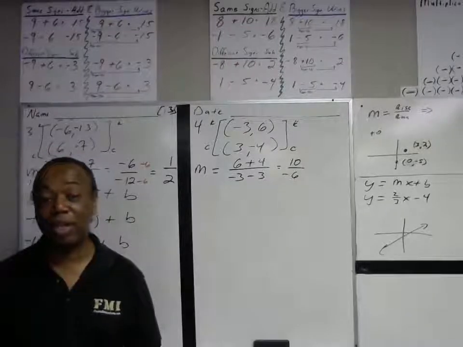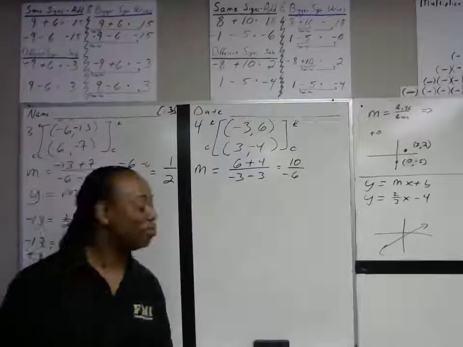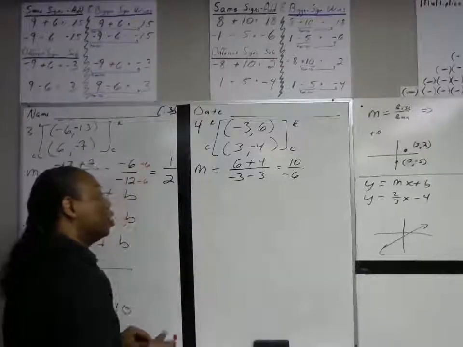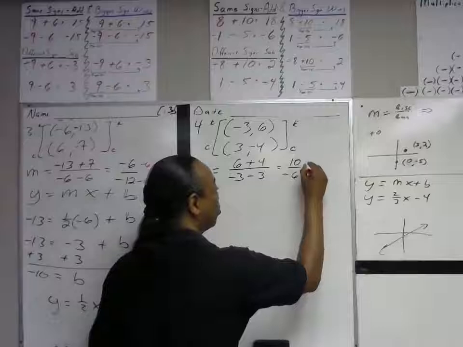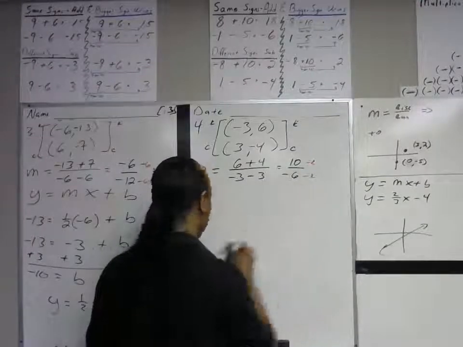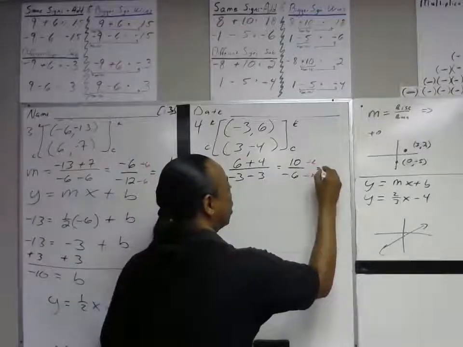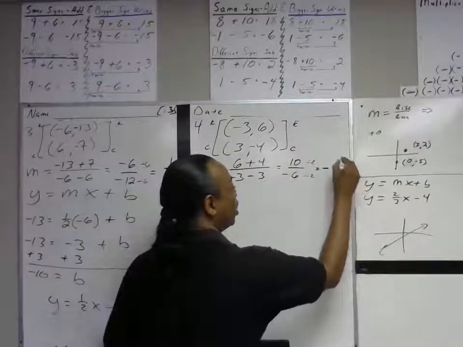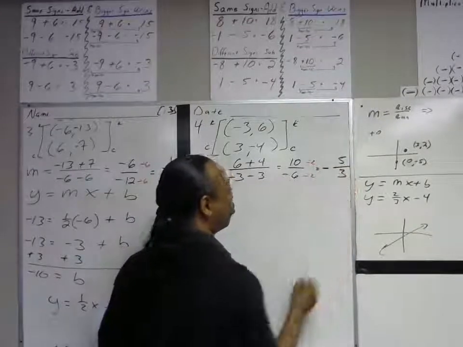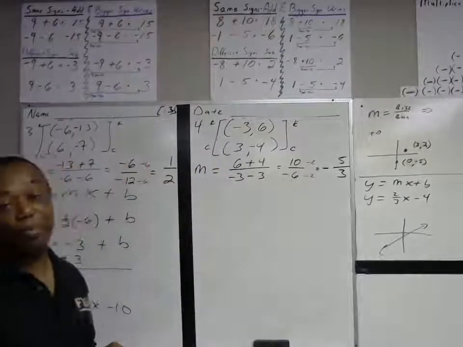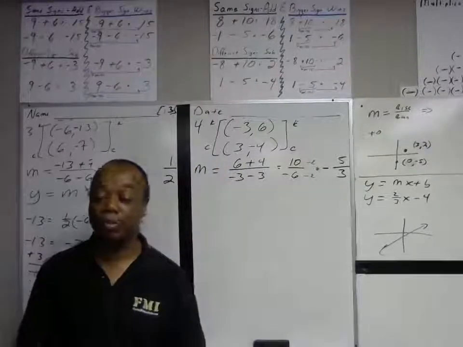What do you think? 2. Exactly right. Very good. So I'm going to divide everything by 2. And as a result, we will get a negative in the middle and a 5/3. That's your slope. -5/3.